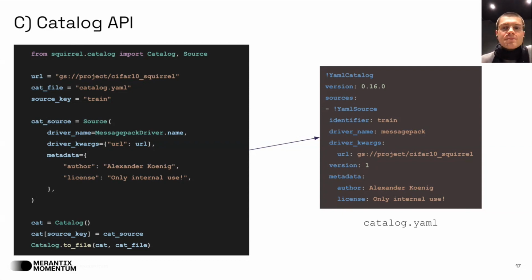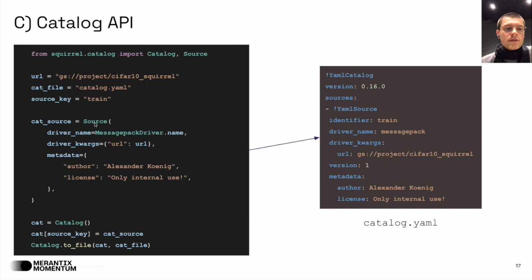The third component of Squirrel is the catalog API. As I said, this is the component where we believe this shareable or collaborative notion of Squirrel comes in. So in the Python code on the left, you would define a catalog as follows.